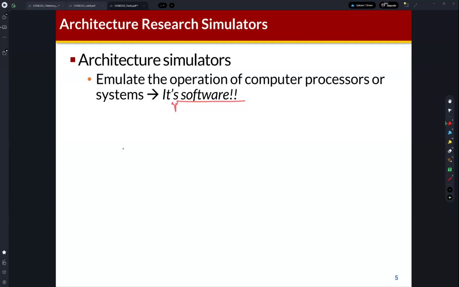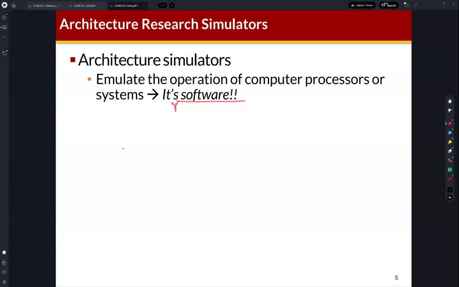Think about the Spike simulator in lab number 1 and number 2. We used the Spike simulator. It's totally software, right? And we don't have the RISC-V CPU, but we can run RISC-V instructions like on a real CPU, right?